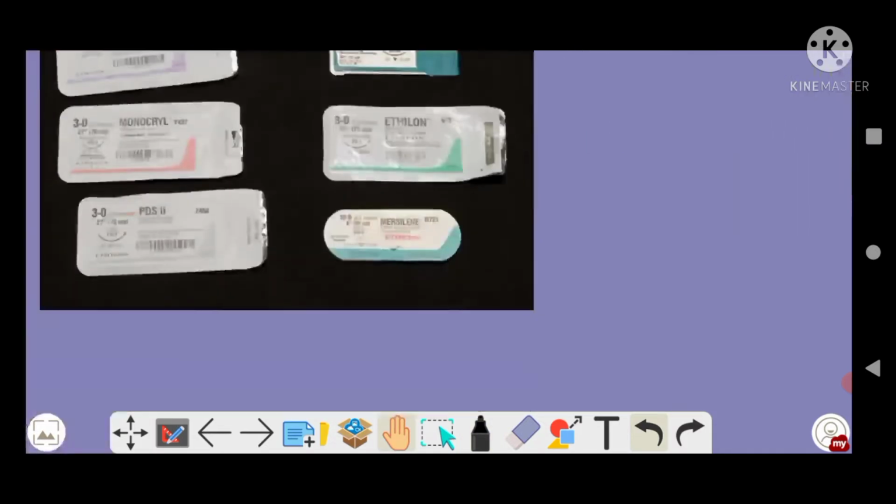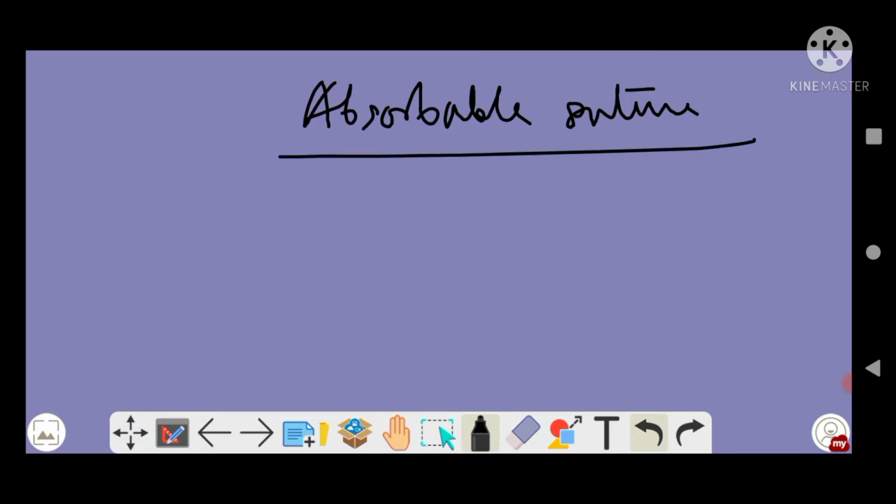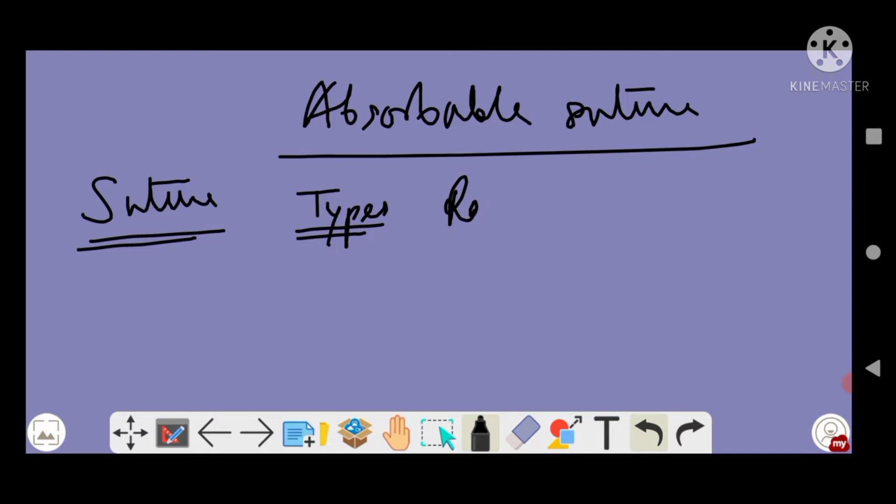So starting with your absorbable suture materials, right? Here I am discussing your absorbable sutures. So I am making a table. Okay, this is your suture. Here I will write the types, and next I will write your raw materials, right?